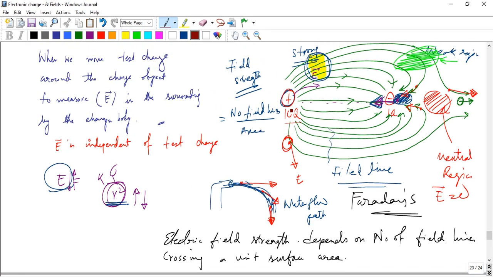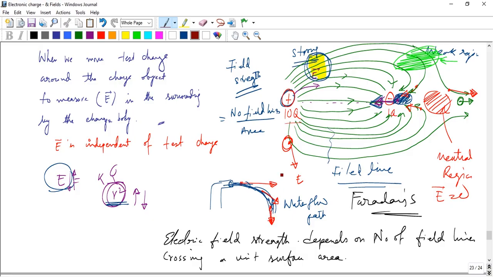A field line represents the path of the electric field. The electric field is a vector. It is like water flowing from a tap: the flow is the path, and at any point on that flow you can draw a tangent, which represents the direction of water flow.